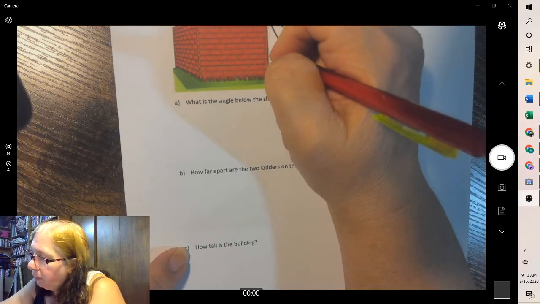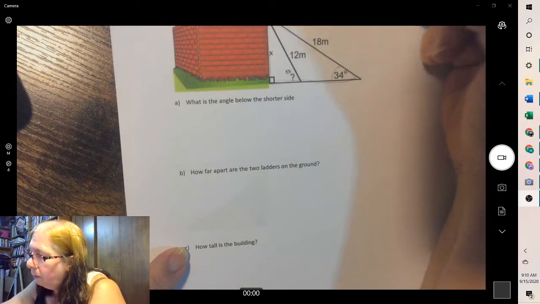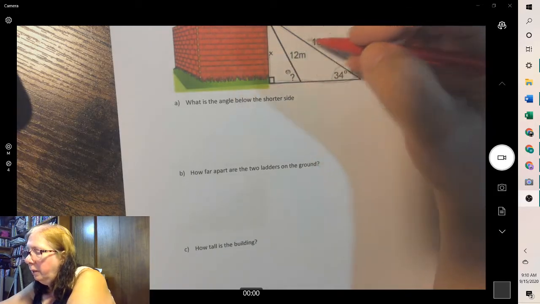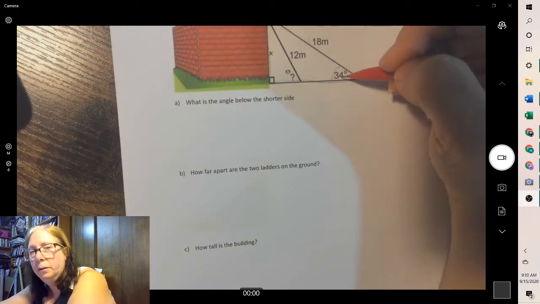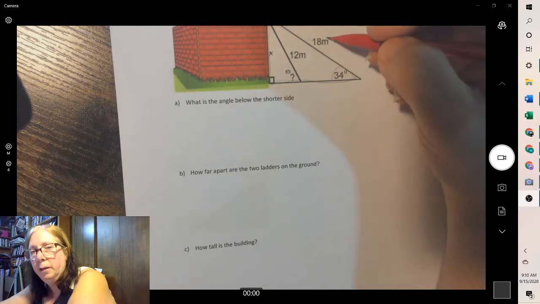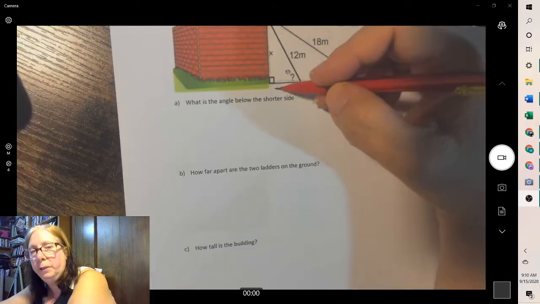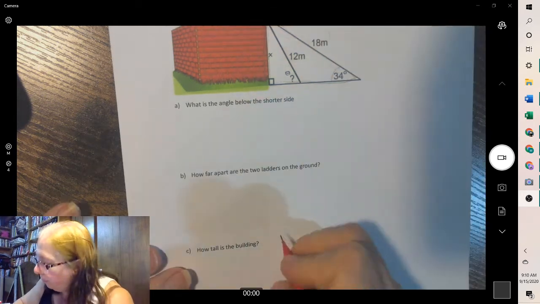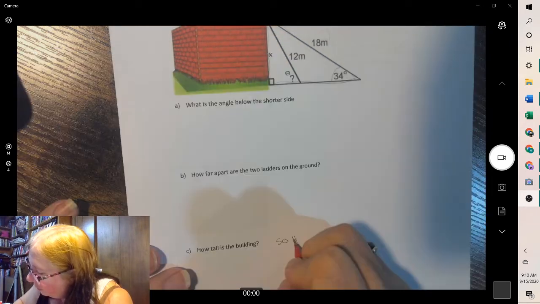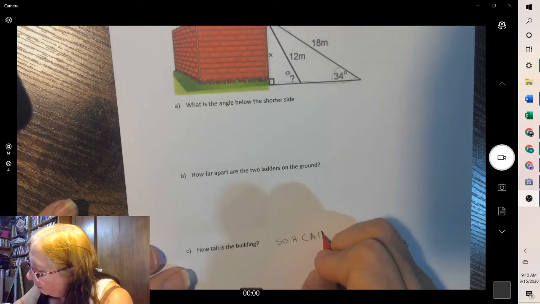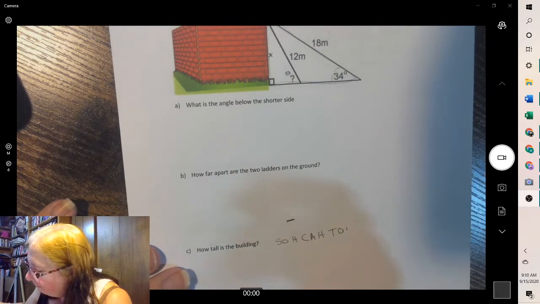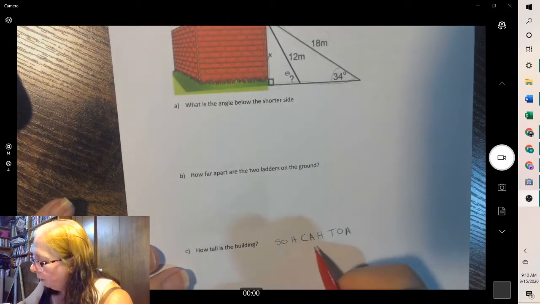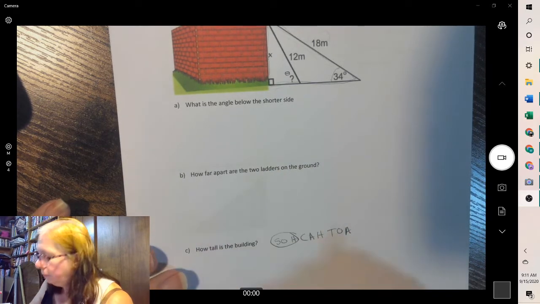We'll let the building be x. This is our angle. We have opposite and hypotenuse. This is the hypotenuse because it's across from the right angle. Opposite and hypotenuse, sine.